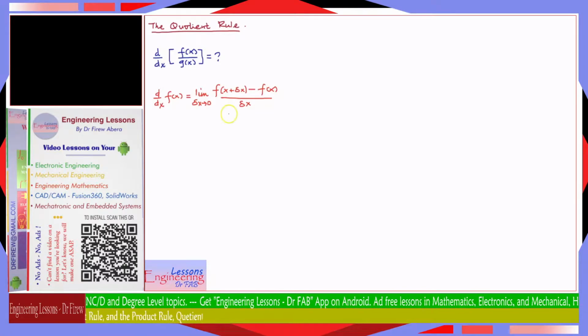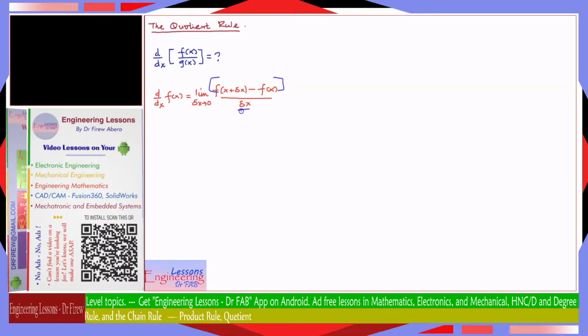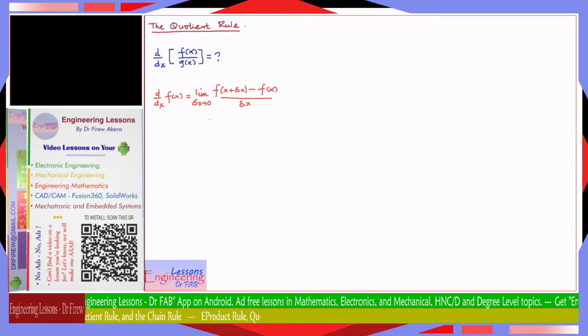So the rate of change of the value is when there is a small change, delta x, that delta x approaches 0. So this would be the definition of the derivative of a function: f of x plus delta x minus f of x.